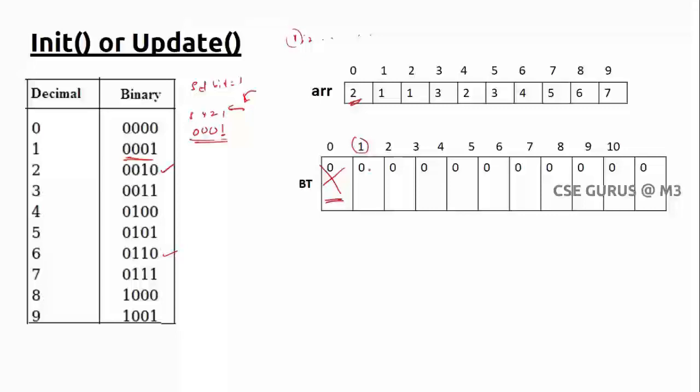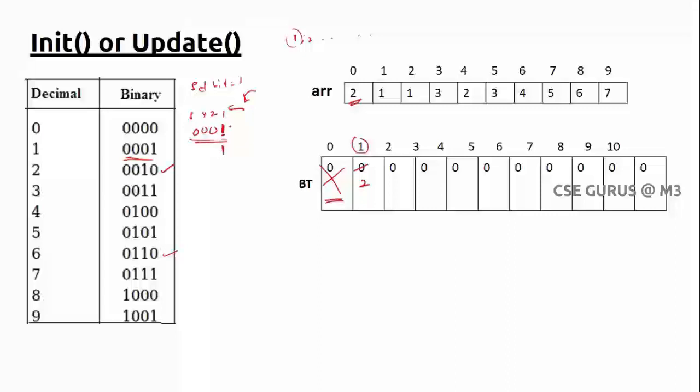First you have to keep the value of the first element, which is there in A of 0, here. After this, you have to check what is the rightmost set bit. If the rightmost set bit is 1, then add 1.